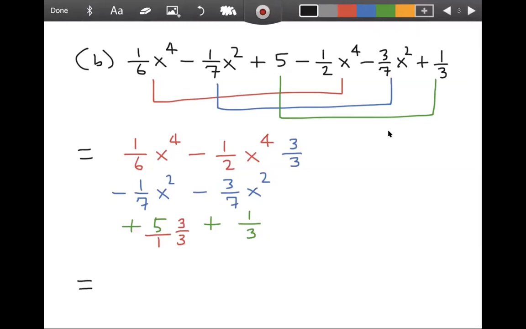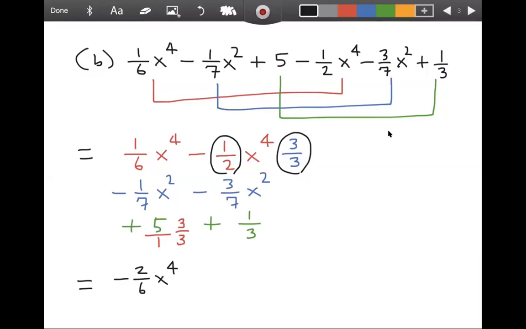Okay, so in the first pair, we have 1/6 x to the fourth minus, think about what this gives you, minus 3/6 x to the fourth. So 1/6 x to the fourth minus 3/6 x to the fourth is negative 2/6 x to the fourth, and I will simplify that.